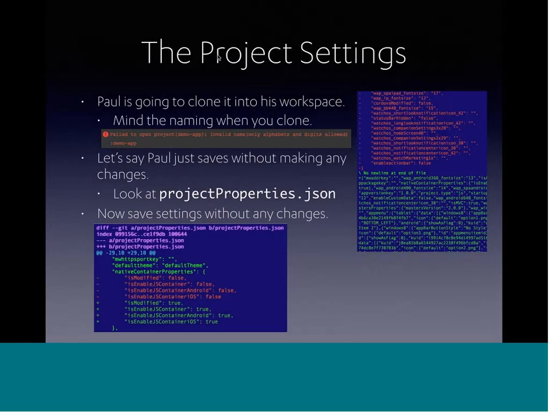So we were looking at project settings, right? If I was wearing Paul's hat, and I just cloned the repository, and I just saved without making any changes, one of the things that you could see from the screenshot to the right is that maybe the file was prettified and now it gets minified, or exactly the opposite.